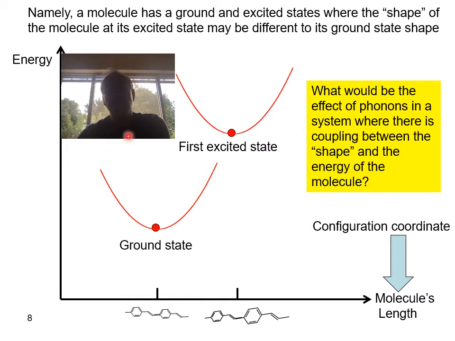And this is a very famous graph of soft materials for the configuration coordinates, where we see the ground state and the first excited state. And this shift, either right or left, is really the manifestation of the link between the configuration and the energy of the molecule.